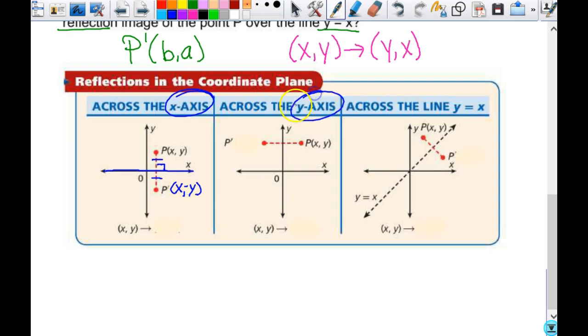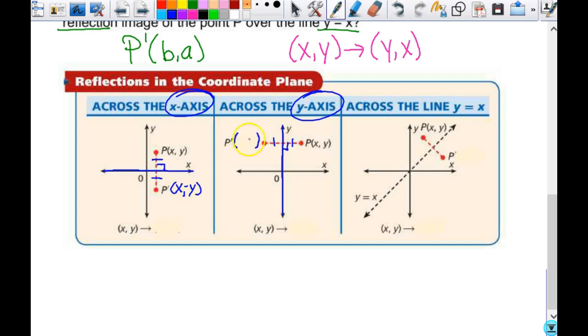Across the Y-axis, this is my line of reflection. It's perpendicular to this little segment, and it bisects it. So when I reflect in the Y-axis, one second. There. I covered up my prime.